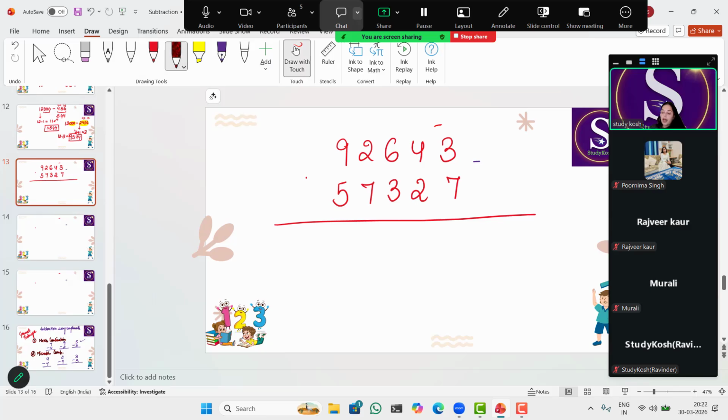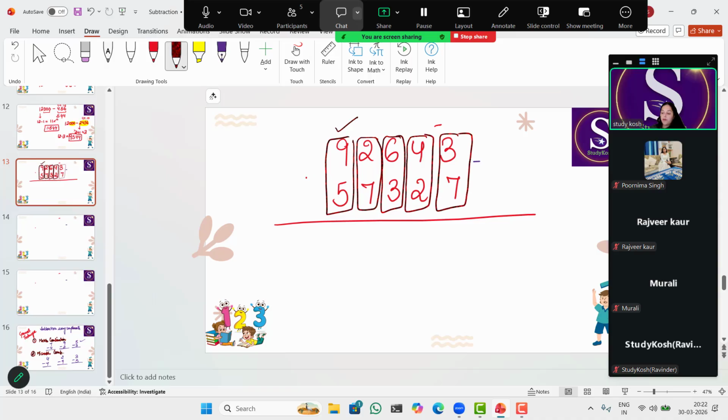We'll cut this 4 and write 3, because in the next column we have a mismatch combination. That's why I have subtracted 1 from this number. Then take the complement of this 7. The complement of 7 is 3. Add this complement to this 2. So 3 plus 2 is 5.